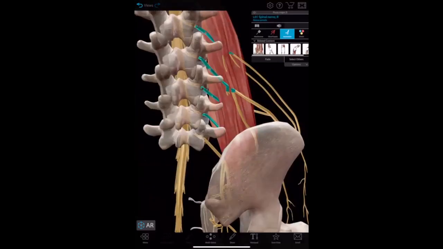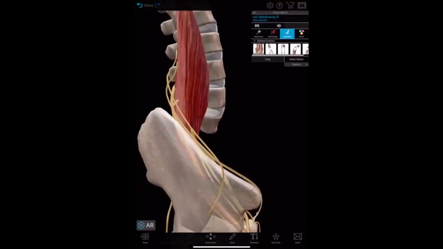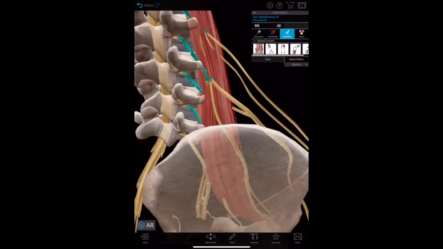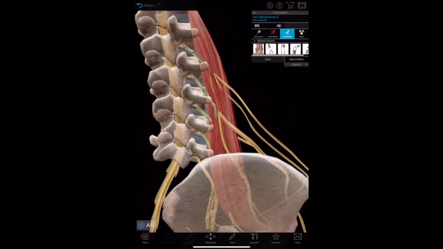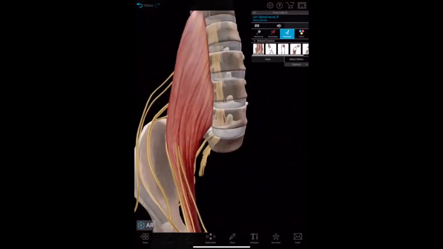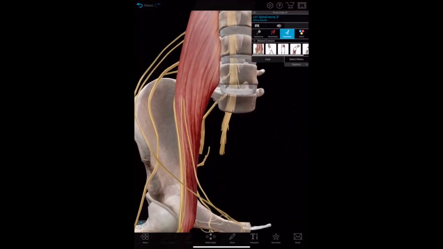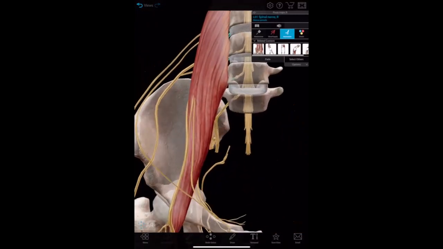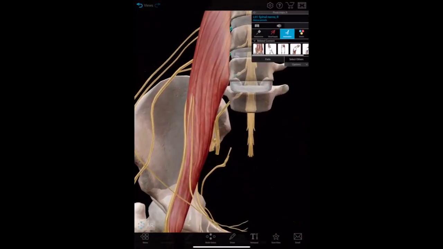In order to see the lumbar plexus, you have to tear the psoas muscle. This is the psoas major muscle, and the plexus nerves are coming from the psoas major.